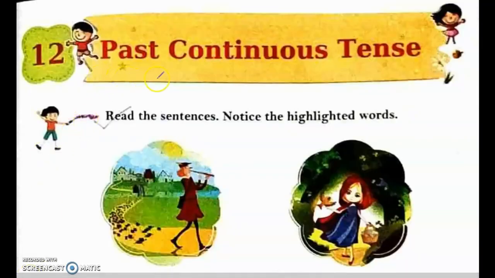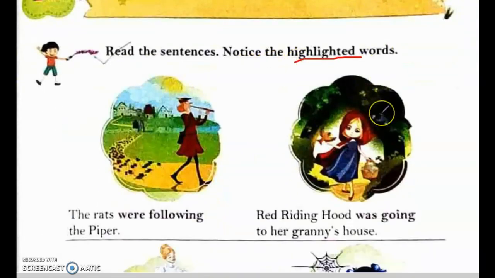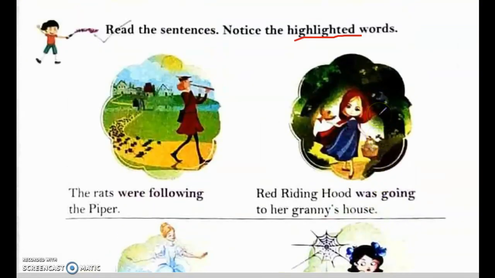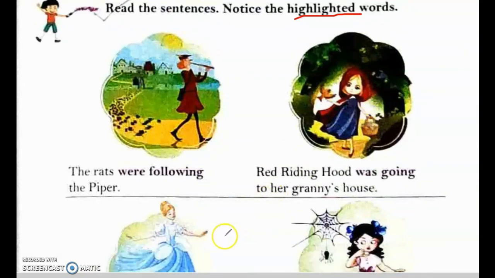Now, let us move to our book. Past continuous tense. Read the sentences. Notice the highlighted words. Now, 4 sentences are given here. We have to read them and we have to notice the highlighted words.